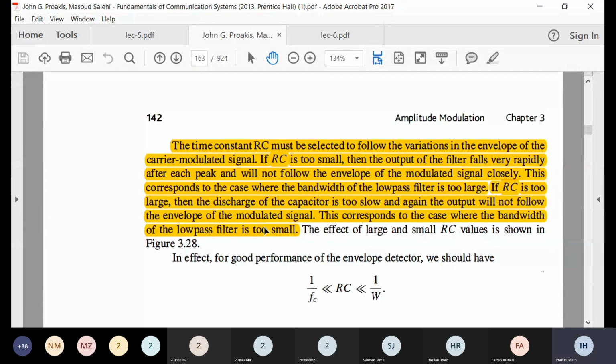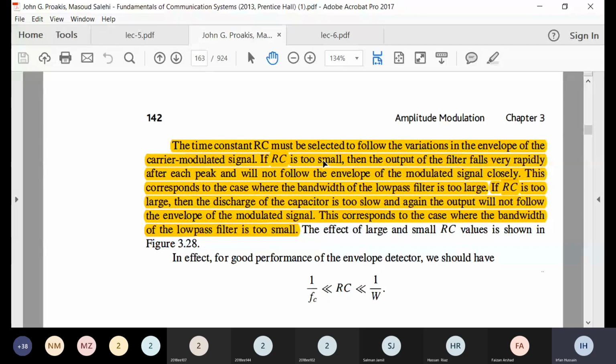Now we will select the values of RC so that the discharging follows the envelope as much as possible. We do not want RC to be too small, or the time constant to be too small.